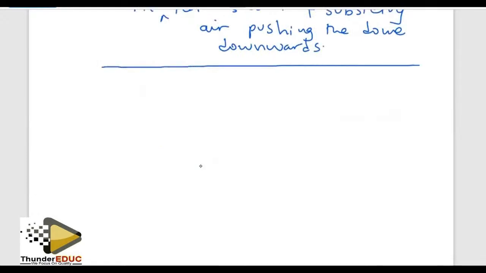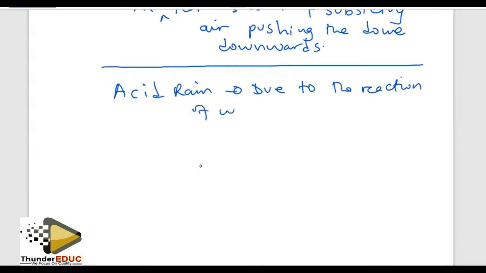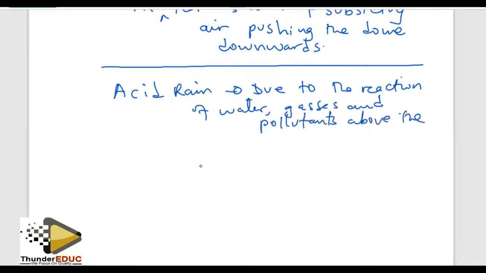Acid rain could form due to the reaction of water, gases, and pollutants above the city. So when those mix up, the chances of experiencing acid rain will be high.